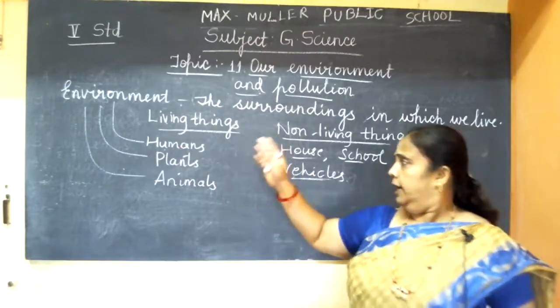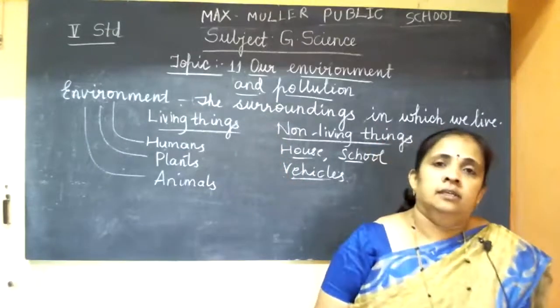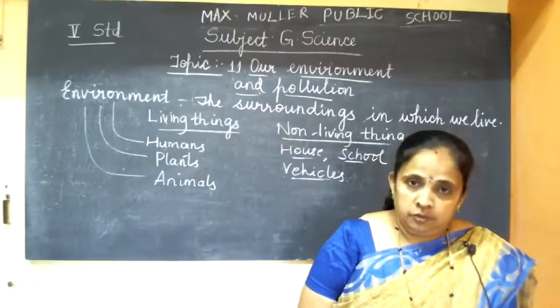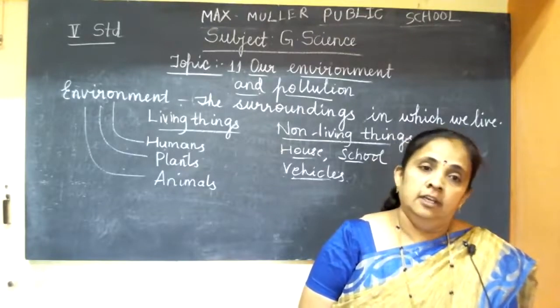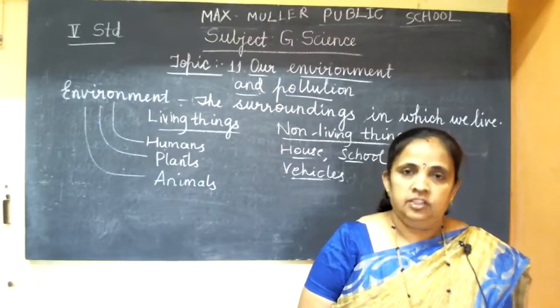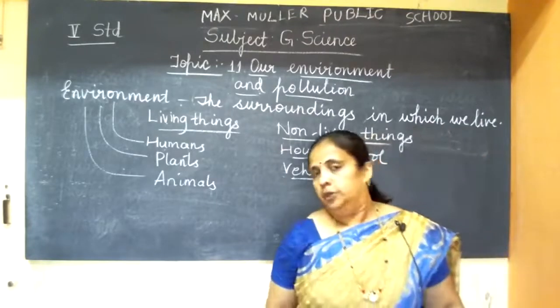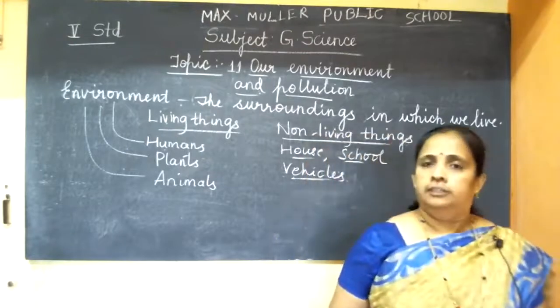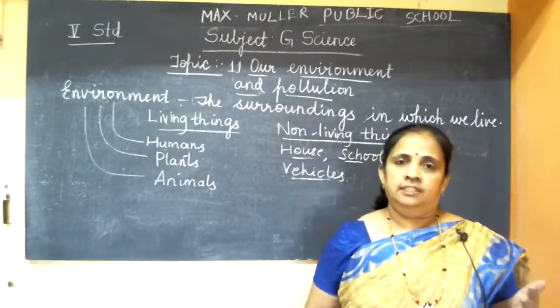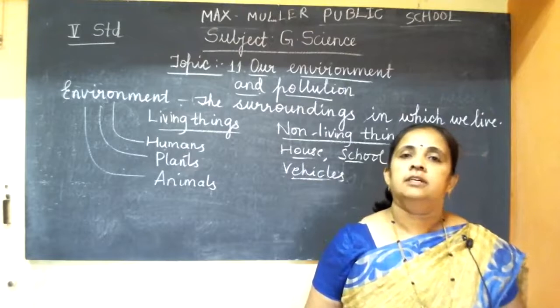Okay. Now, how is the environment affecting us? Now, suppose if there is a weather change all of a sudden, suppose from summer we go to winter, so we have cold that time. So if weather changes, naturally it affects the humans.